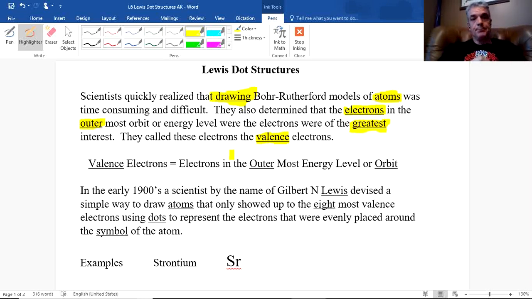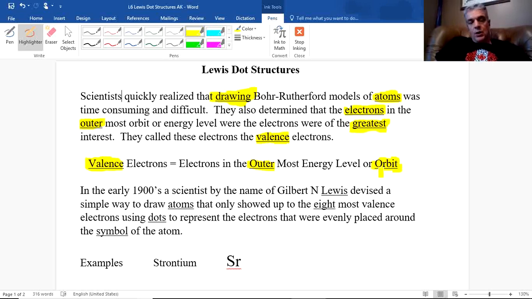And valence electrons equals, just a really simple definition, electrons in the outermost energy level or orbit. And if I really wanted to, I could even add the word shell on here, because sometimes you hear them talk about it in those terms. So don't be shocked if you hear that down the road.